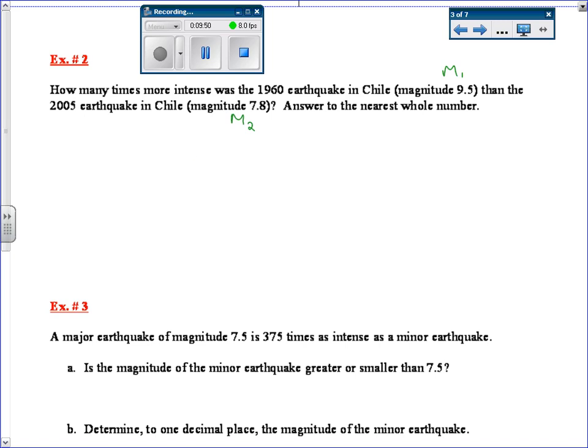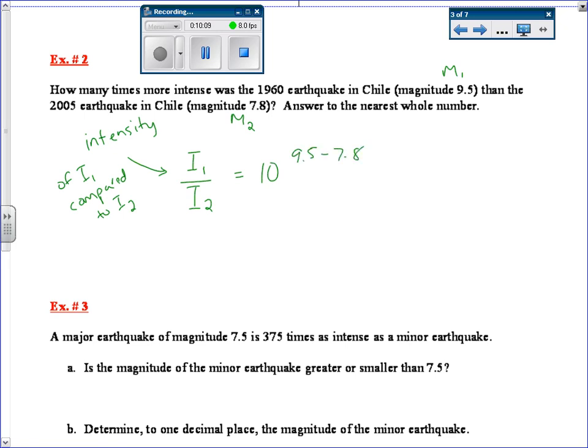So we have that I1 compared to I2 equals 10 to the power of 9.5 minus 7.8. And we would simply put that into our calculator, remembering to use brackets when you put in your exponent.